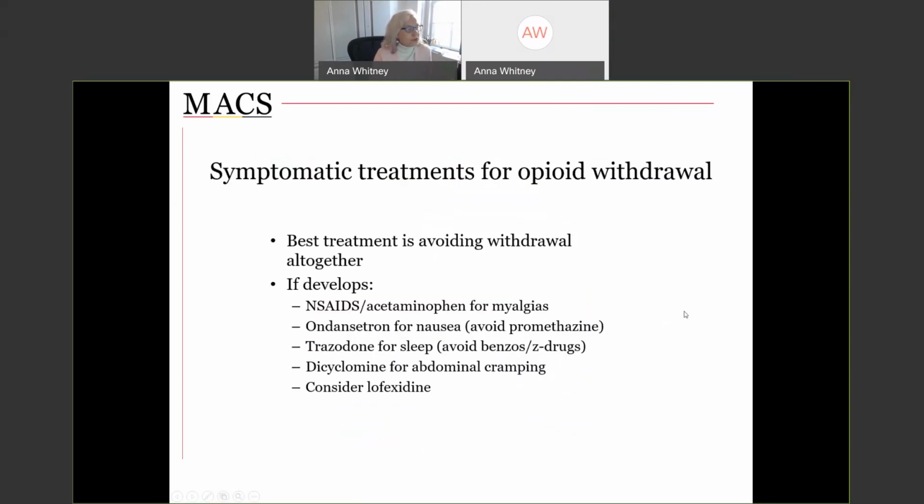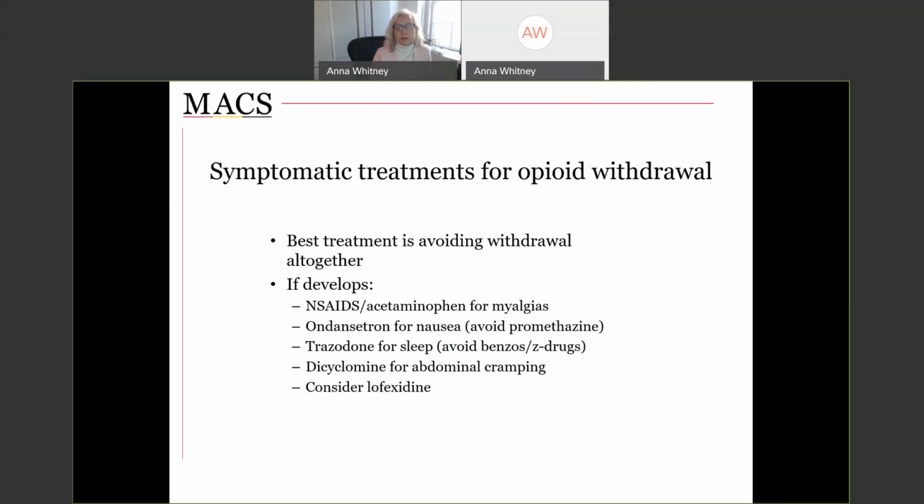So just a few other last thoughts about how to manage this opioid withdrawal and minimize it. The best treatment, as we've talked about, is avoiding withdrawal altogether. But if it develops, there are symptomatic medications that can be used to help with some of the most troublesome symptoms that patients may complain about. So NSAIDs, acetaminophen for those myalgias, ondansetron for nausea.